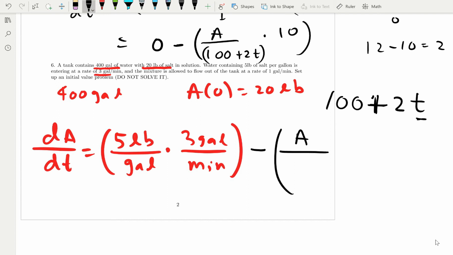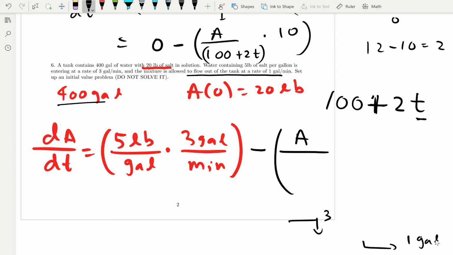Now let's see, the mixture is allowed to flow out at a rate of 1 gallon per minute. Now you can see the rate that goes out is different from the rate that comes in. The rate that comes in is 3 gallons per minute and the rate that goes out is 1 gallon per minute. So how much water are you adding per minute? 3 minus 1, 2. So you are adding 2 gallons every minute here, right?